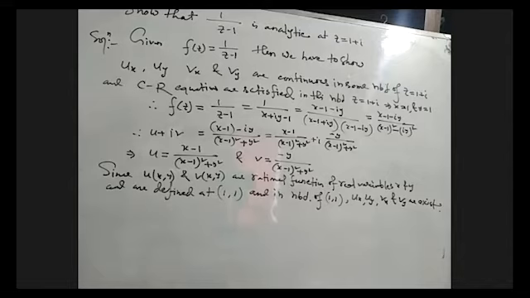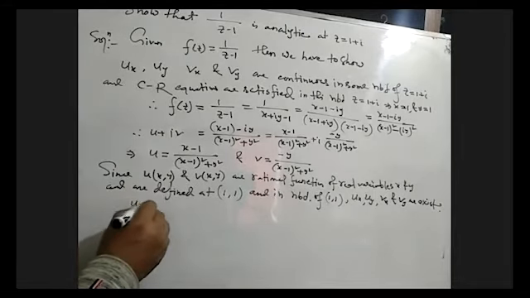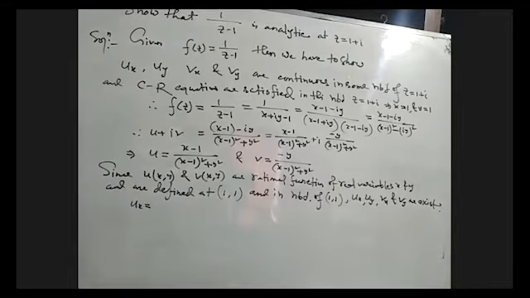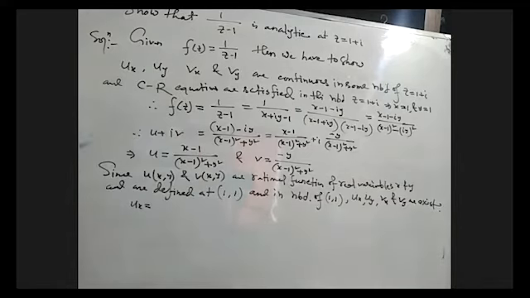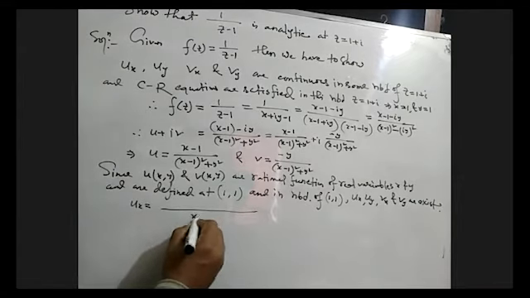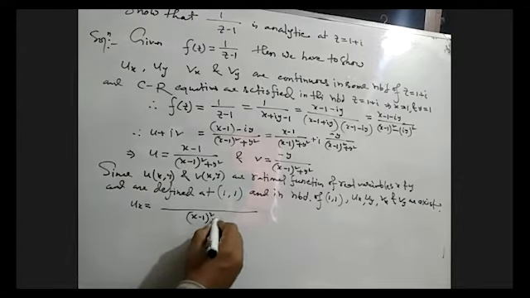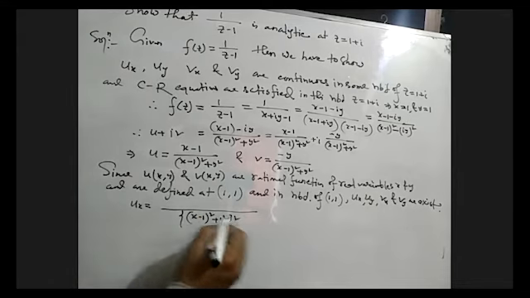Now partial differentiation of u with respect to x. ux, what will be? So how can we take that differentiation with respect to x? u by v process. Do you know the u by v process? The denominator is x minus 1 whole square plus y square, v square.